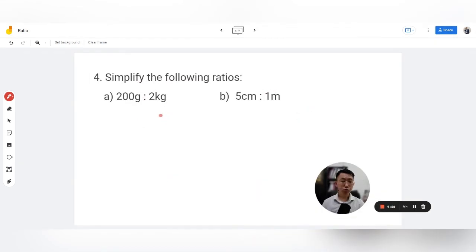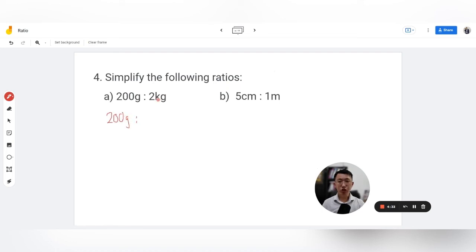There you go. Okay, when it comes to a question like this, yeah, where you have units shown to you. So A, you have gram and kg. What you need to do is to make both of the units the same. So I suggest you change the bigger unit into the smaller unit. So kg changed to gram is going to be multiplied by 1000, okay? So let's do that. 200 gram, you copy back.